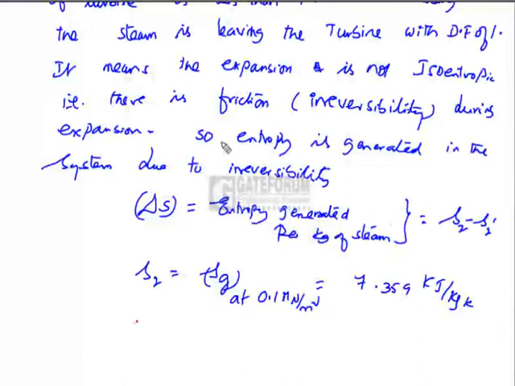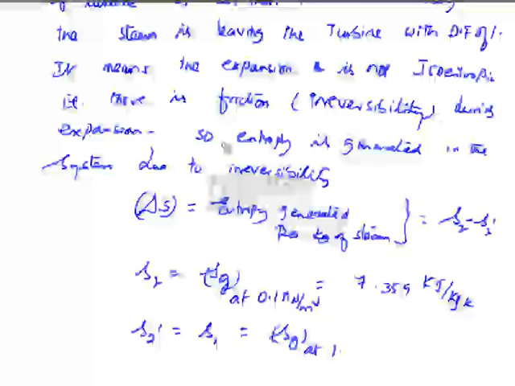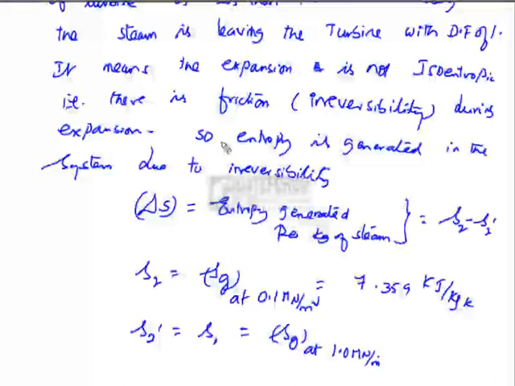Whereas S2 dash is equal to S1, because 1 to 2 dash is isentropic, which is nothing but Sg at 1.0 meganewton per meter square, which from the table is taken as 6.586. Please correct in the table that it is not 10 meganewton per meter square. The first column, first row, it is not 10, it is 1.0. That is the pressure of steam at the inlet of the turbine.